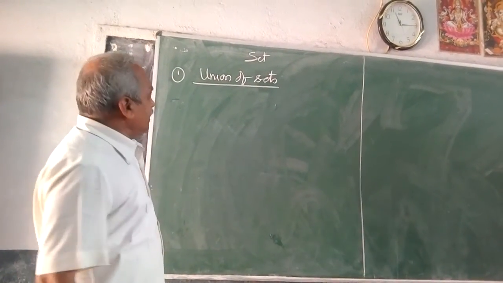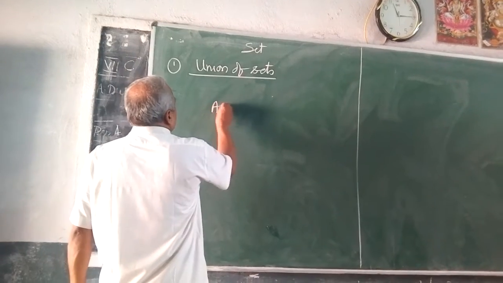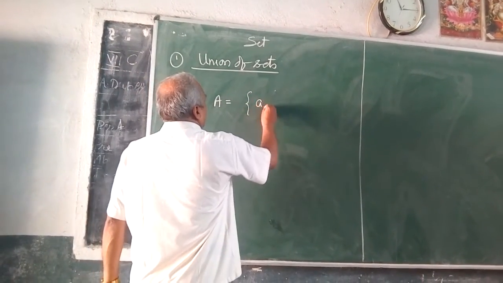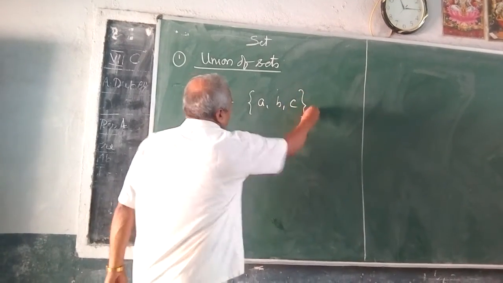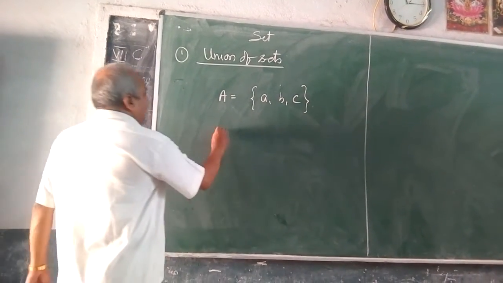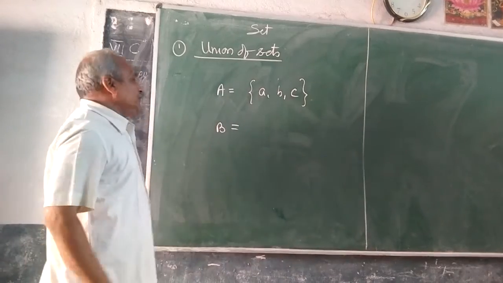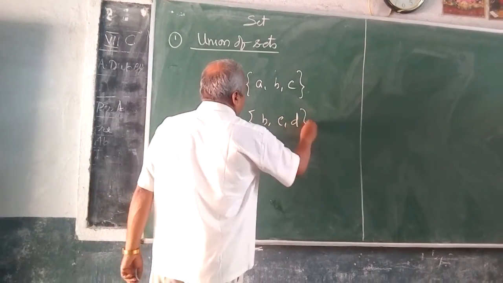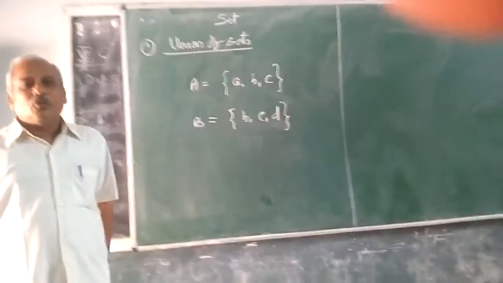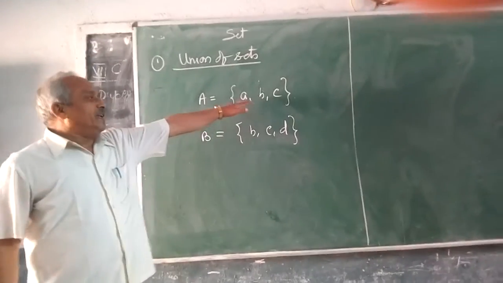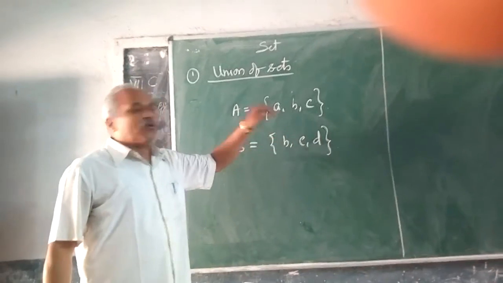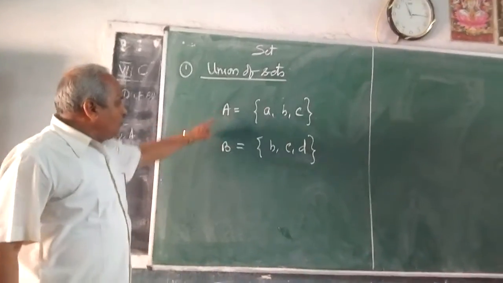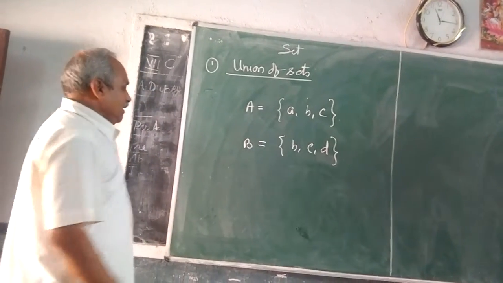How is it applied in sets? See, suppose A is a set and it has the elements a, b, c. Let another set be B, and let it have the elements b, c and d. These are the two sets. This set has an independent existence, and this set also has an independent existence. Now we want to find the union of these two sets.